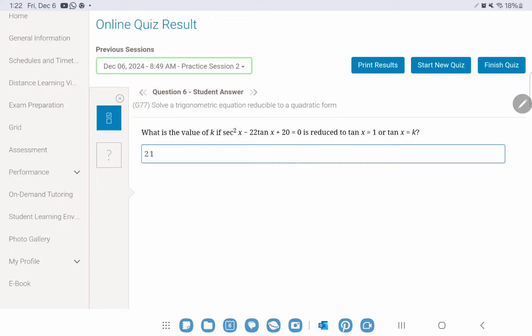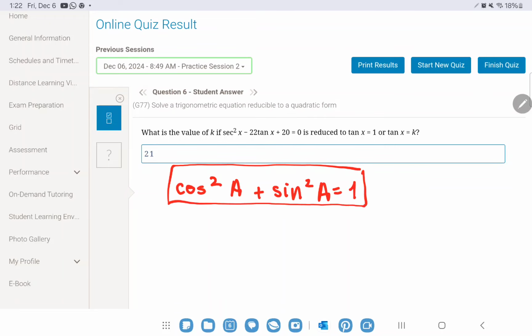So let's start. The first one we have to memorize is cosine squared of angle A, and this angle could be X, A, anything you want, plus sine squared of angle A, equals 1. That's identity 1.